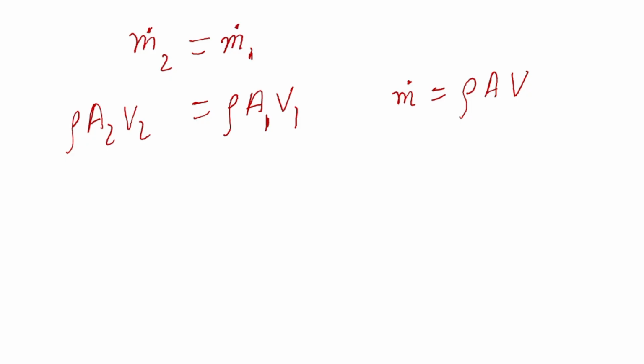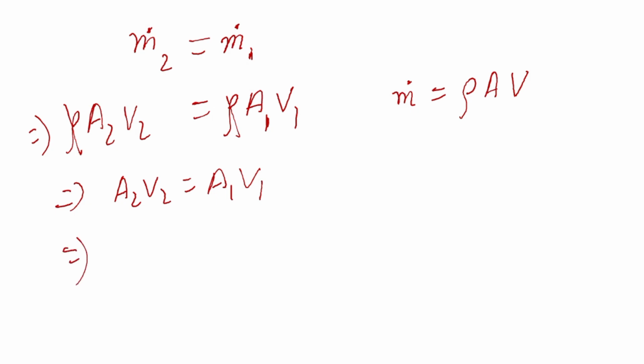Since the density is constant and uniform, your density can be cancelled off. So essentially your area times velocity is going to be balanced, that is, your volumetric flow rate is balanced. Hence, you can rewrite it to find the velocity, which is nothing but V2 = V1 times area 1 by area 2.